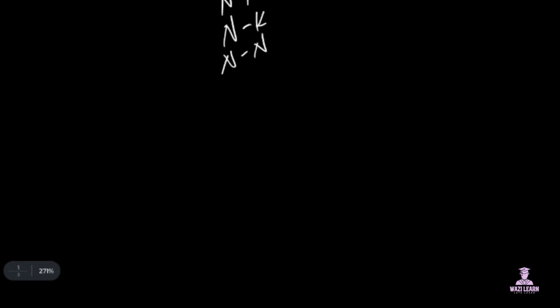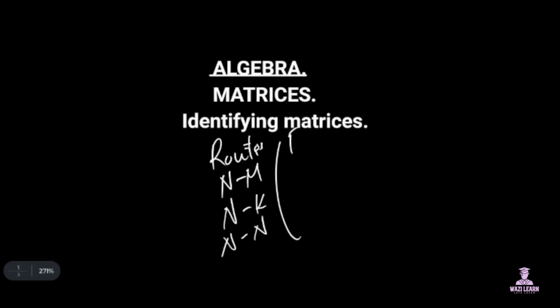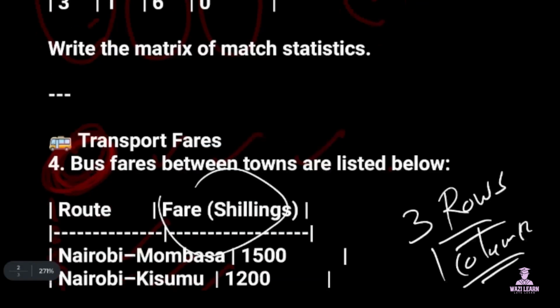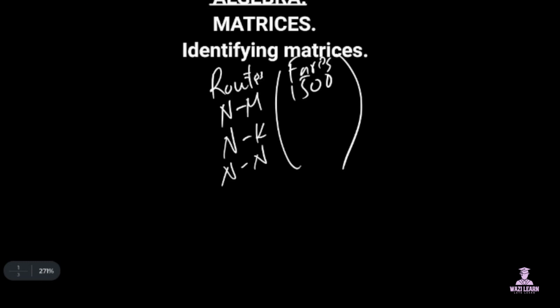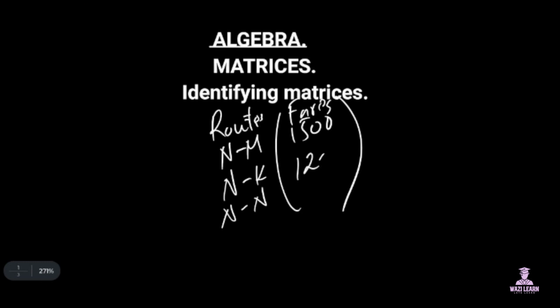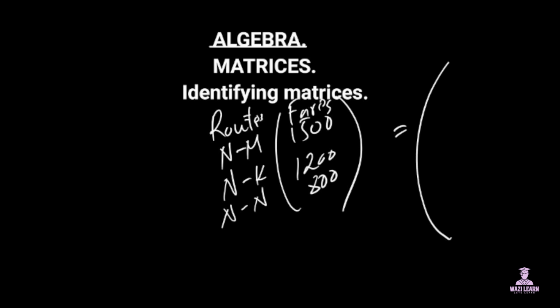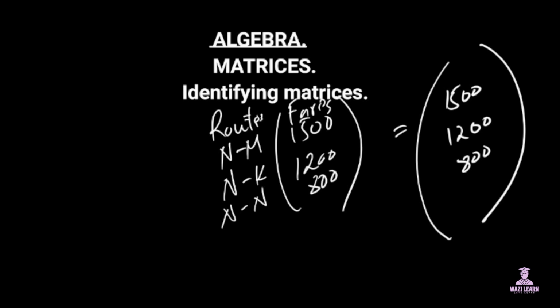And then the fares will be 1,500, 1,200, and then 800. So writing this in matrix form, we just remove the labels, and then we have 1,500, 1,200, and 800. So that is our information represented in matrix form.